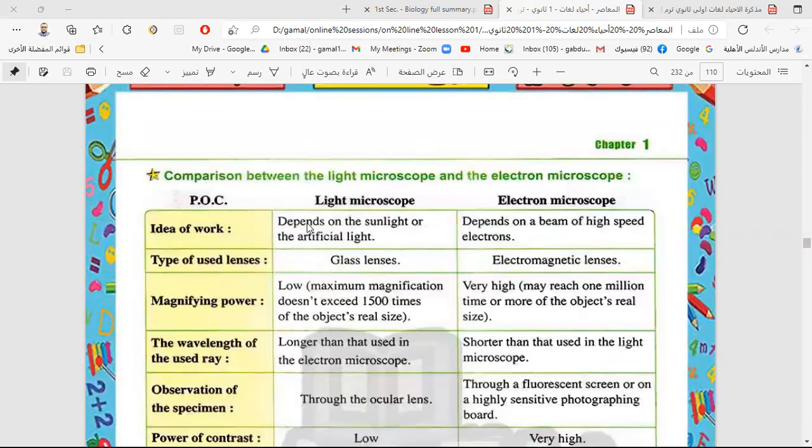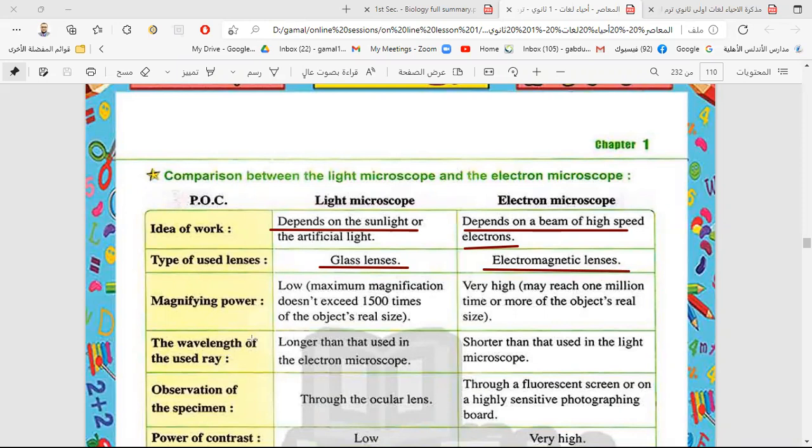Here we have a comparison between light microscope and the electronic microscope. In the light microscope, we depend on the light, sunlight. In the electronic microscope, we depend on a beam of high-speed electrons. Okay, and the type of used lenses, we use glass lenses, convex lenses, but in the electronic microscope, we use electromagnetic lenses.